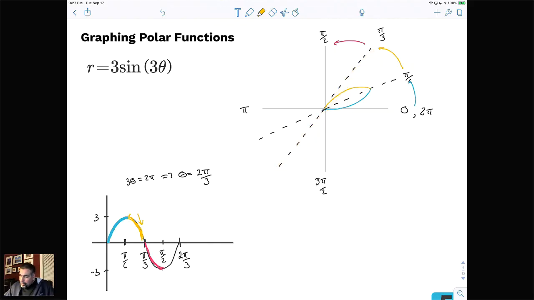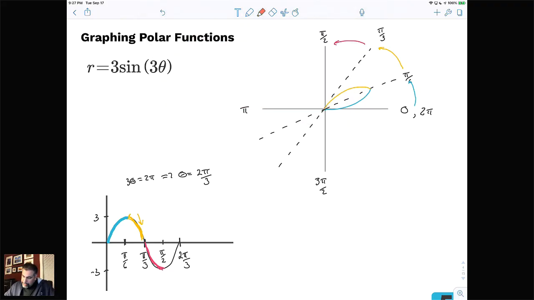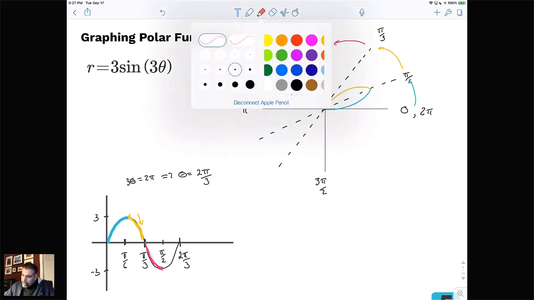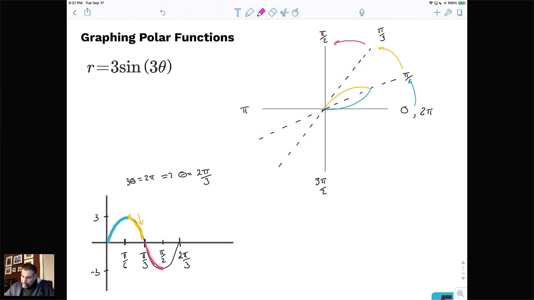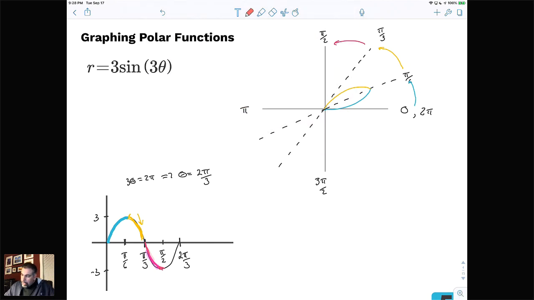So as I go to rotate through the pi over 3 to pi over 2, which is this portion right here, what I want to make sure is I'm doing it in the right place on my polar graph. So this is telling me to start with a radius value of 0 at pi over 3. And by the time I rotate out to pi over 2, I've got to get out to a radius value of 3.